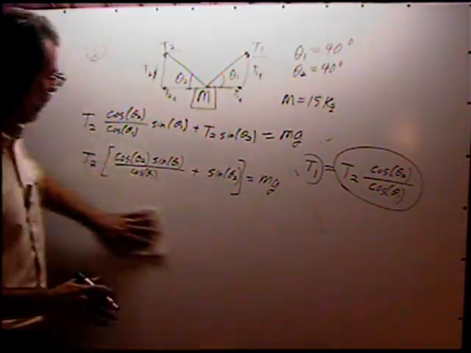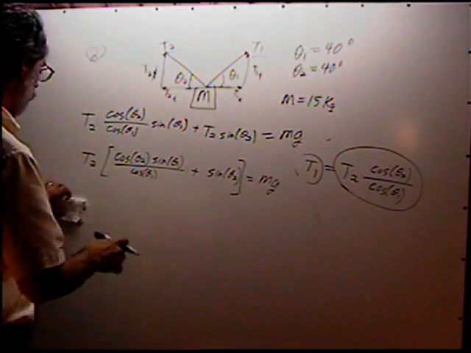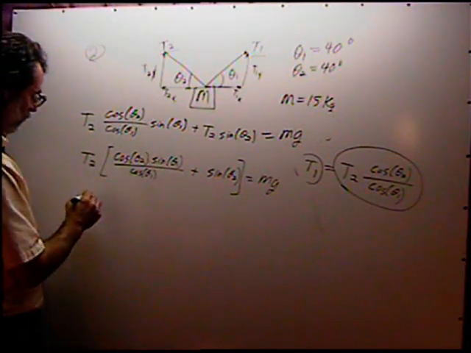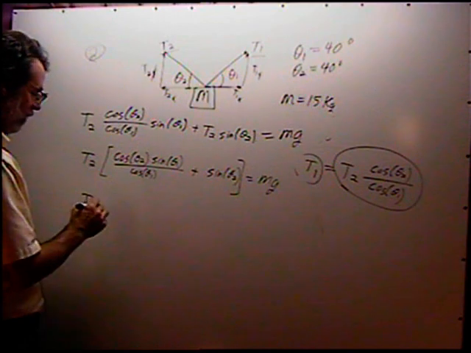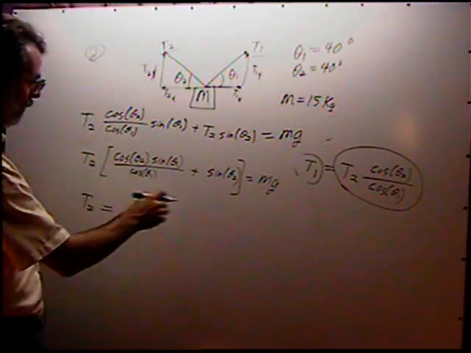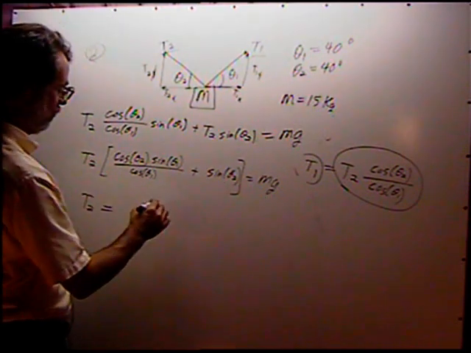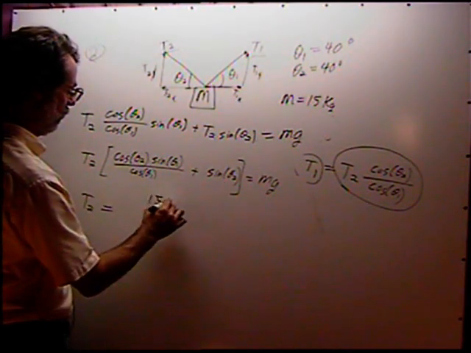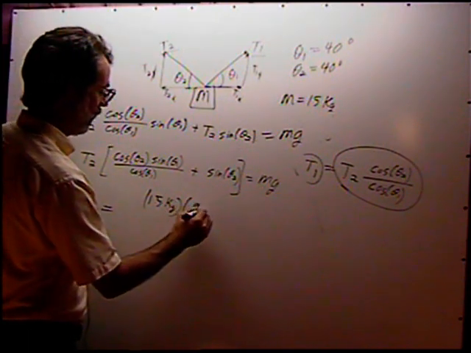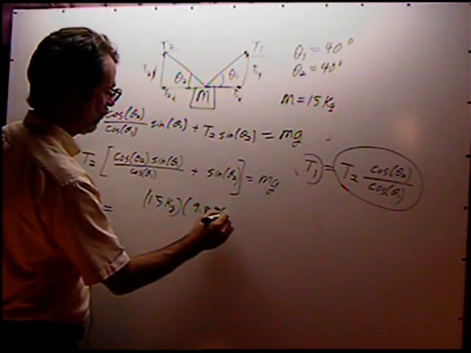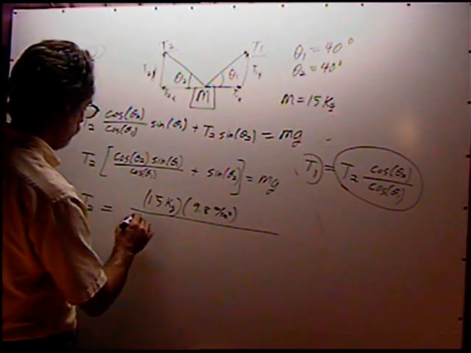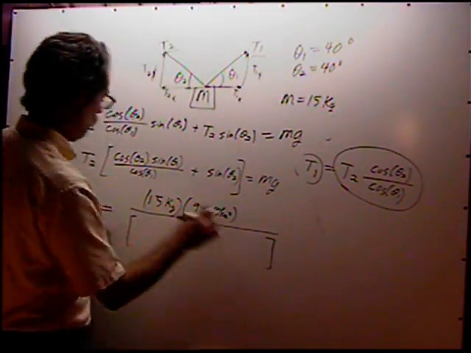At this point, I'm going to plug in some numbers and solve for T2. T2 is the mass, which is 15 kilograms, times g, 9.8 meters per second squared, divided by all of what's in brackets.